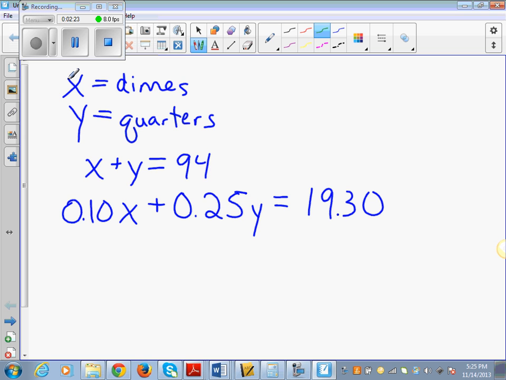So let's take a look at the first equation and let's solve for x. We would do that by subtracting y from both sides. So this could be rewritten as x equals 94 minus y.